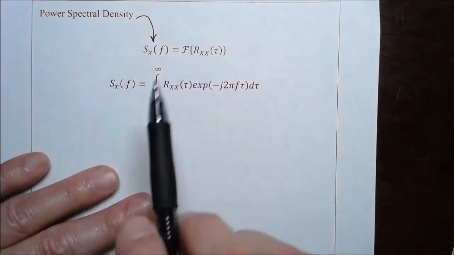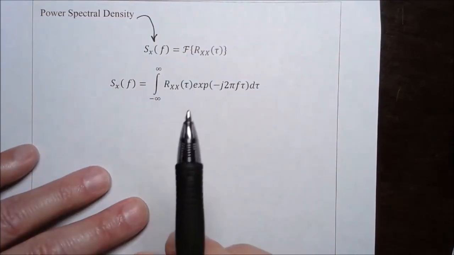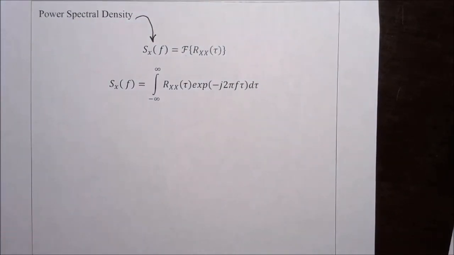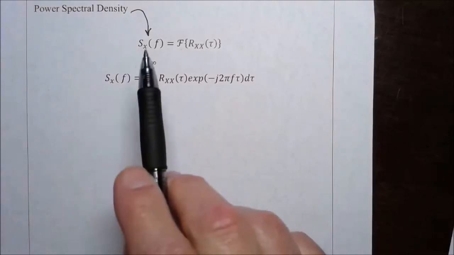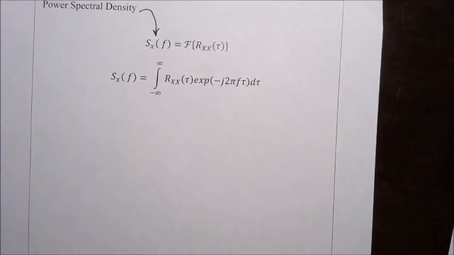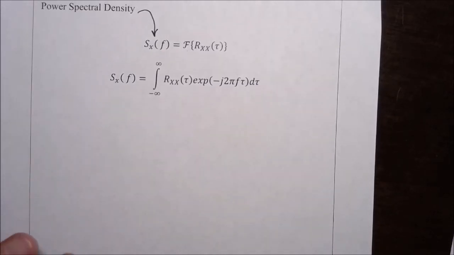And I will come back to this relationship later on when we talk about random signals in more detail. But I'm going to use this result in finding the power spectral density and thus the spectrum of the random binary signals. And that will be the topic of our next discussion.